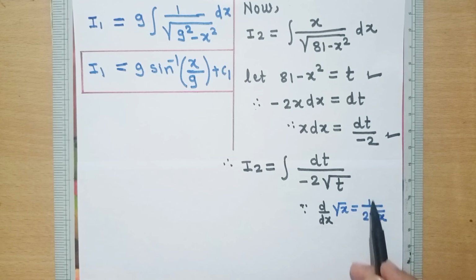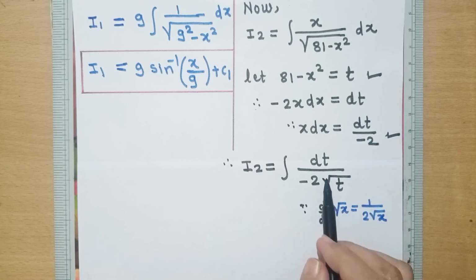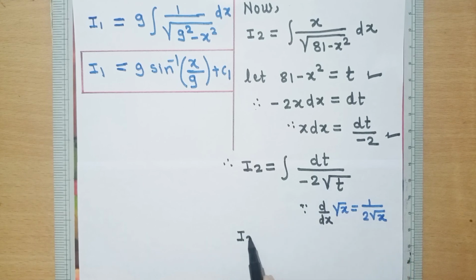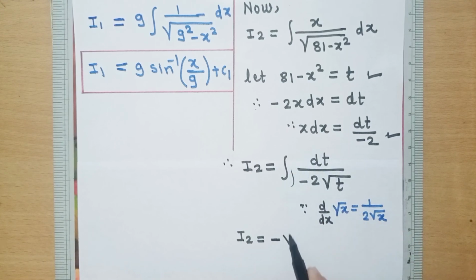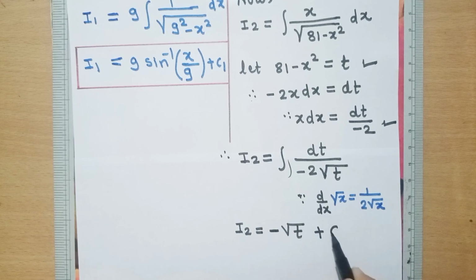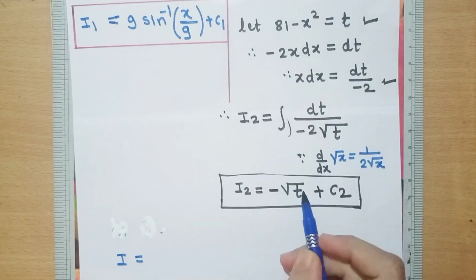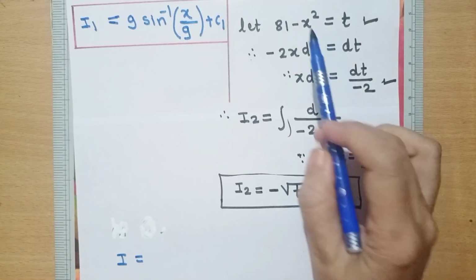So integration of 1 upon 2 root x is root x. So by this formula we will write I2 is equal to, this minus sign we will take outside, and the value of this integration is only root of t, and we will write another constant which is C2 because we have used C1 here.